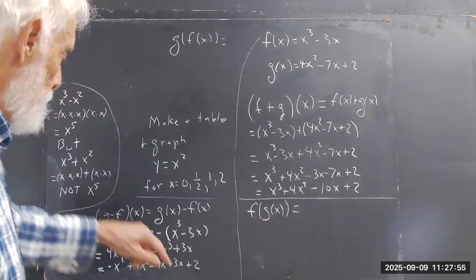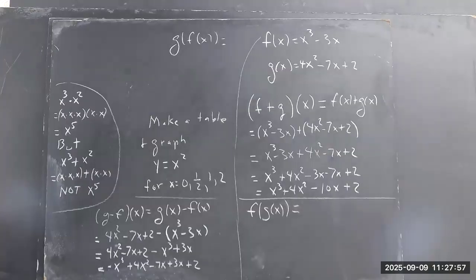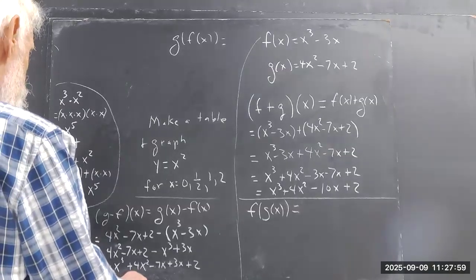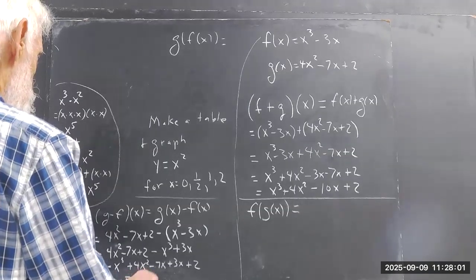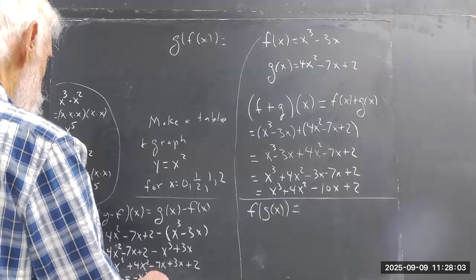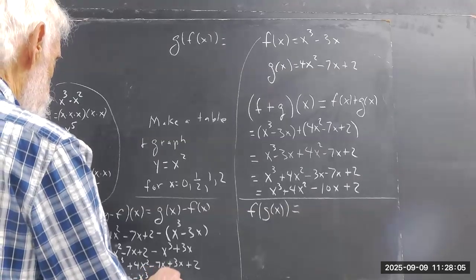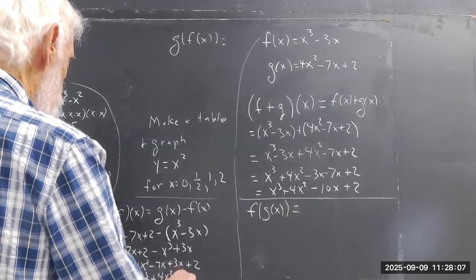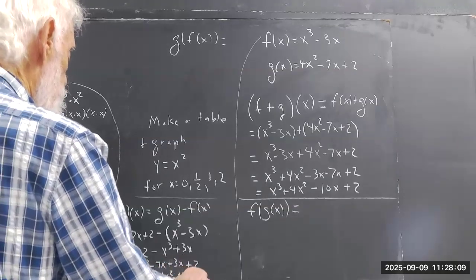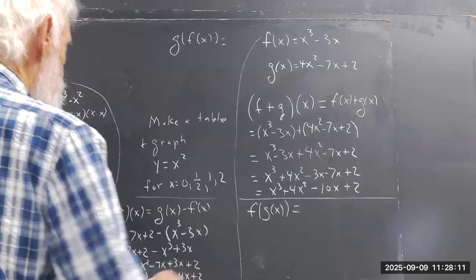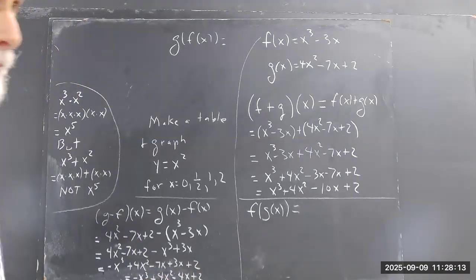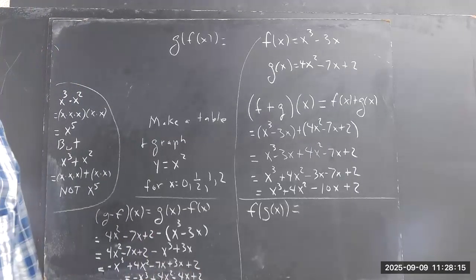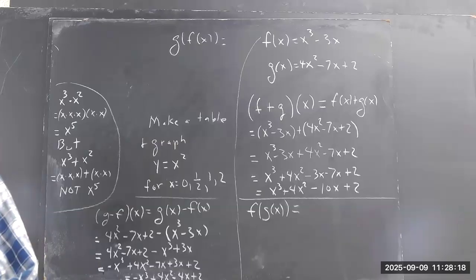Just like they did here, except they have opposite signs. You've got negative 7x and plus 3x. And of course, 7x minus 3x is 4x. And there's your g minus f of x. So those are actually very easy. You just got to keep your wits about you and make sure you add like terms.